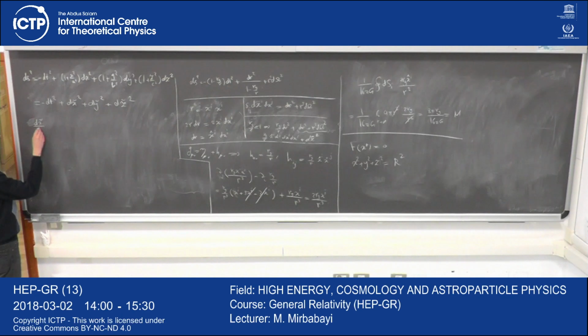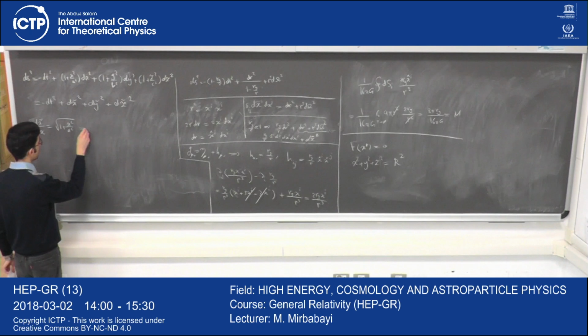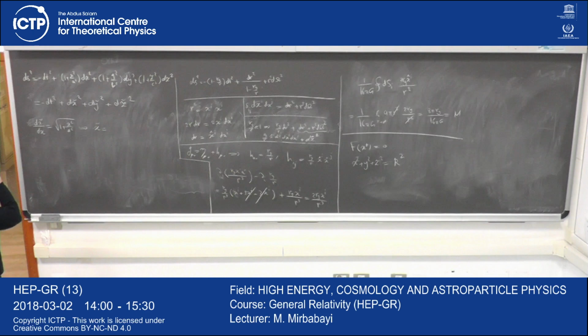So dx tilde over dx is equal to the square root of 1 plus x squared over a squared. So that means that x tilde is what?